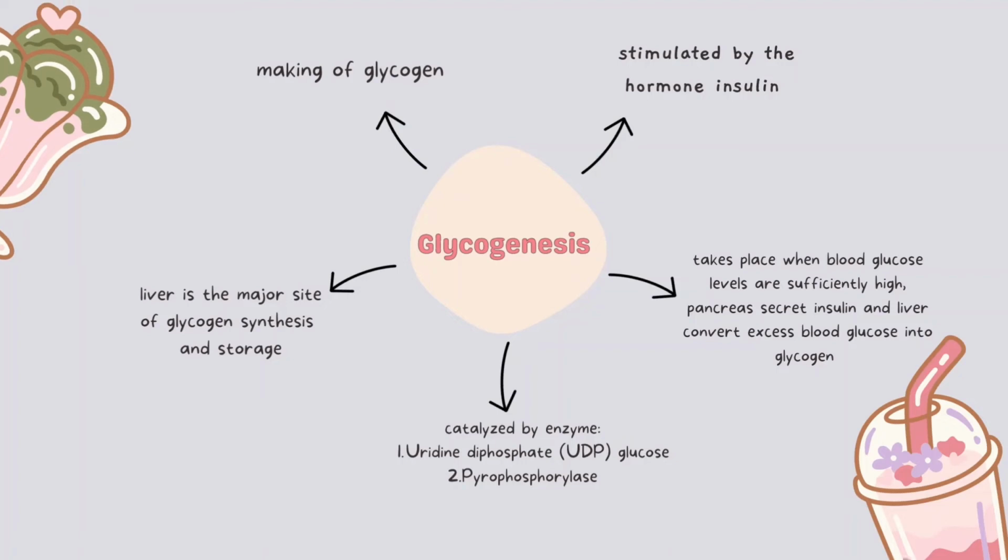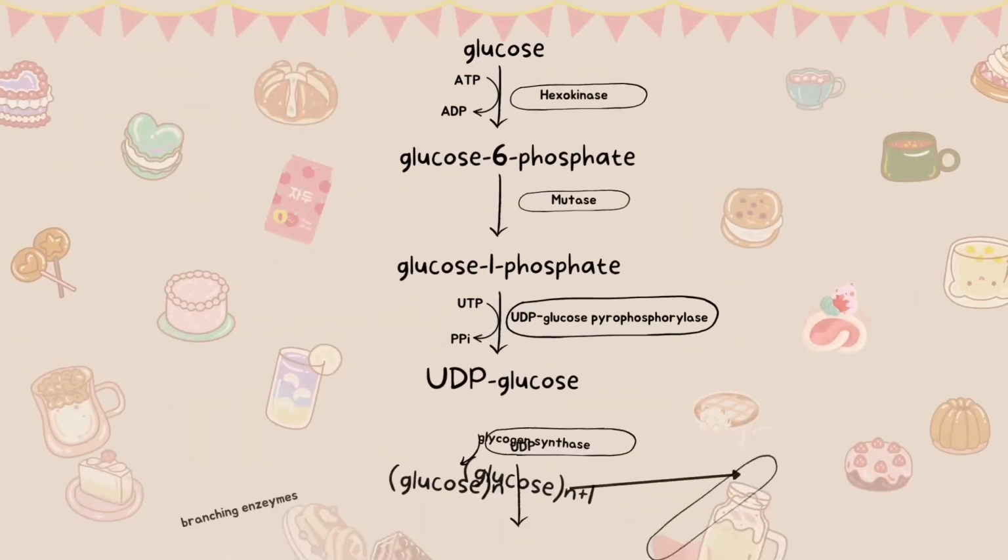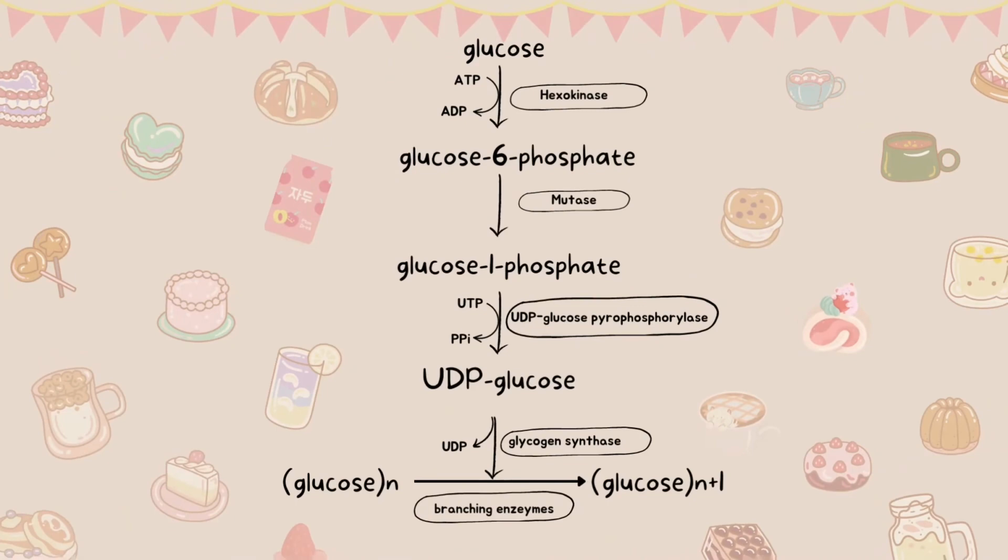So let's go through the process. As you can see, glucose to glucose 6-phosphate is the usual step we can find in glycolysis, so I will not touch on this. The important part that we should know is the enzyme glycogen synthase, because it transfers the glucose from UDP-glucose to the glycogen, forming an alpha-1,4 linkage.